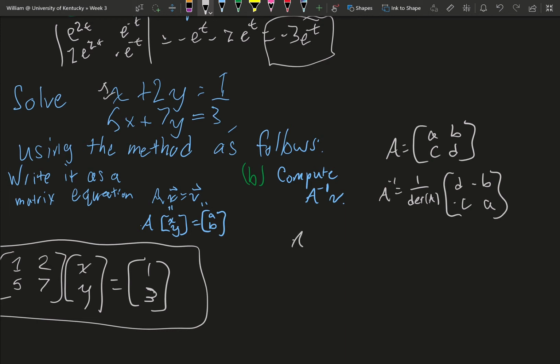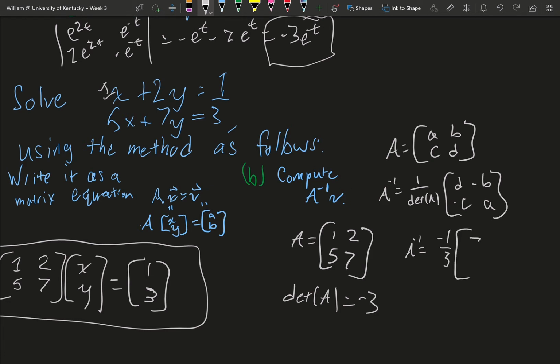And so if our matrix here is [1, 2; 5, 7], we'll compute our determinant: 1 times 7 minus 2 times 5, so negative 3. And so A inverse is negative 1/3 times [7, 1; negative 2, negative 5].